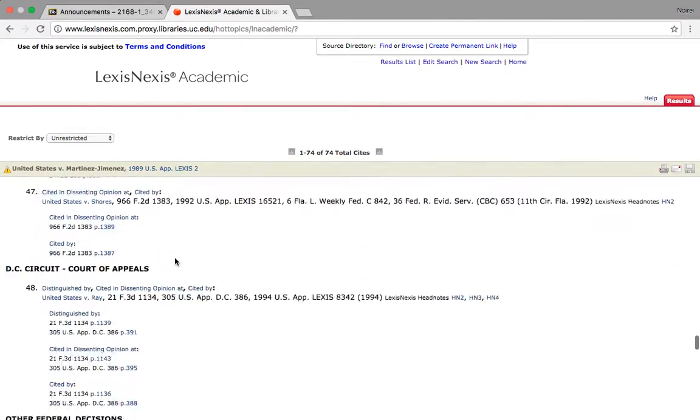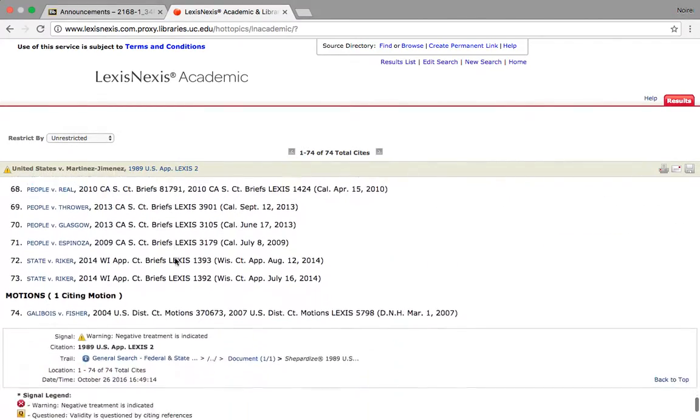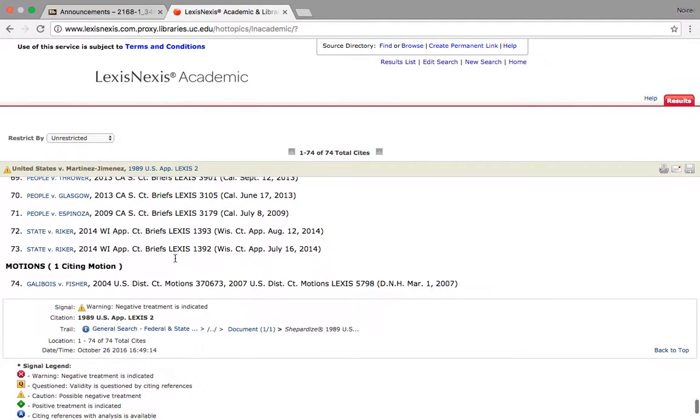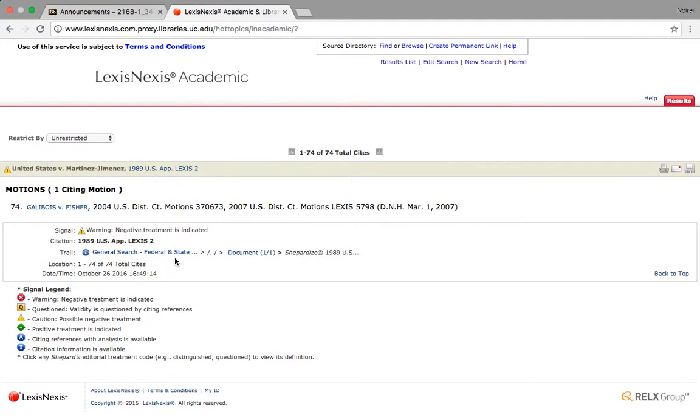So you can just take this and play around with it, look at some of the areas, some of the other places where this particular case is cited. This will definitely help with research purposes and helping you anticipate and overcome different counter arguments for the particular theory that you're advancing in your work.